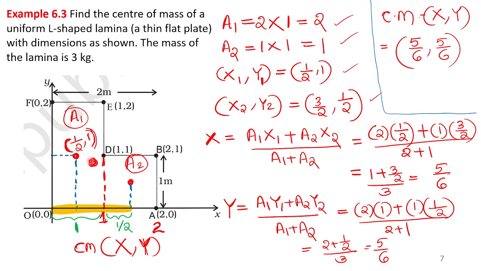It means I have to keep my finger here at 5 by 6 comma 5 by 6. The L-shaped metallic sheet can be balanced if I keep my finger exactly there. Understood? So all of you please write down.